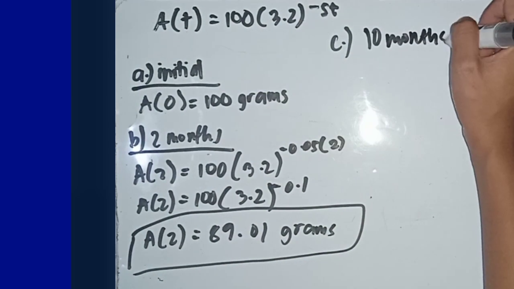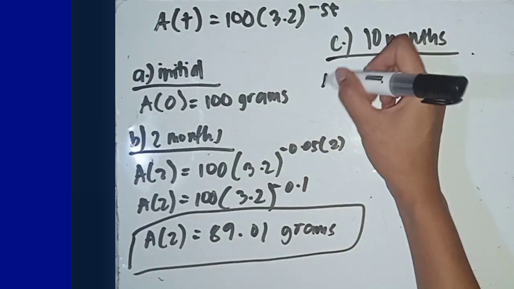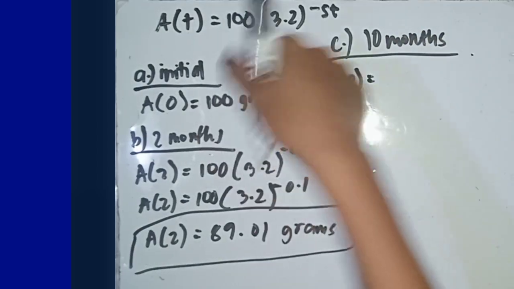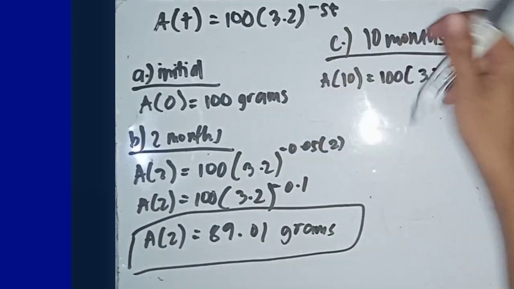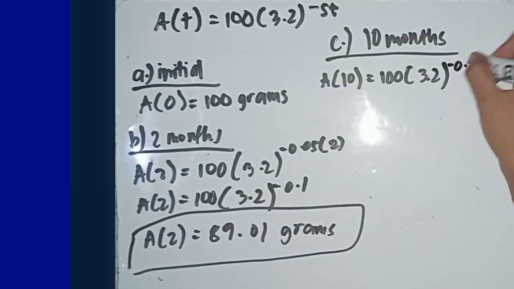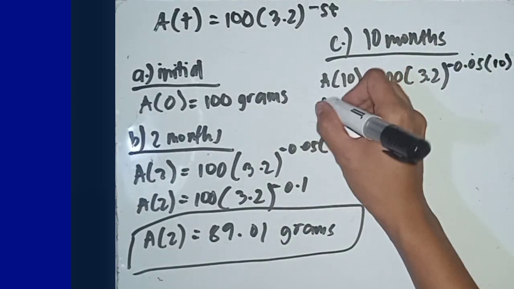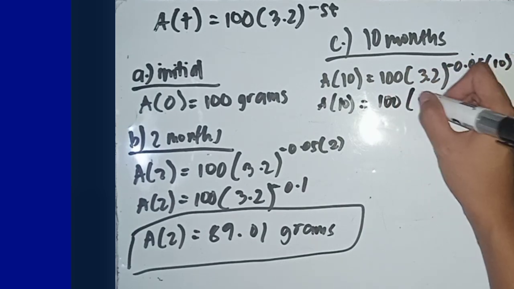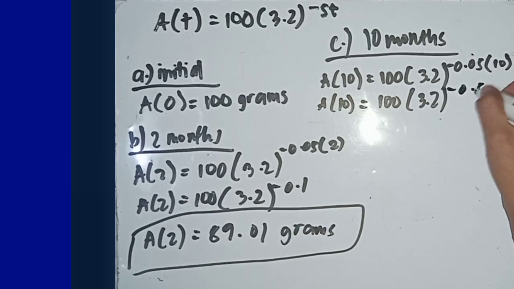Okay. So for letter C, how much was present 10 months later? So it's just the same process as in 2 months, just change the T to 10 months. So A of 10 is equal to 100 times 3.2 raised to the power of negative 0.05 times 10.